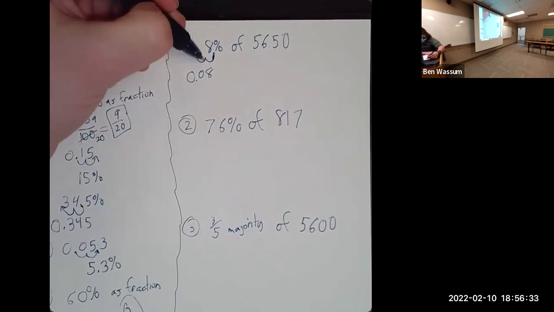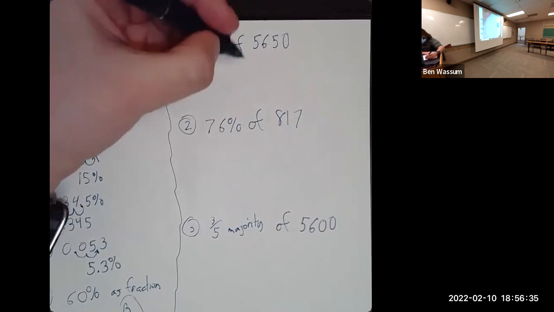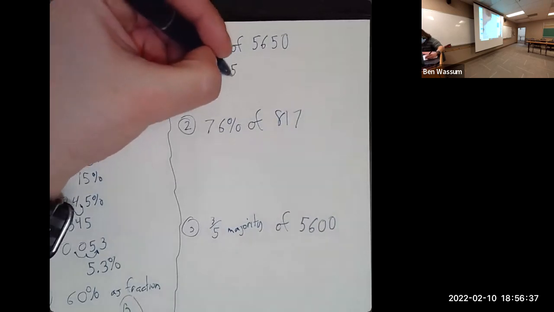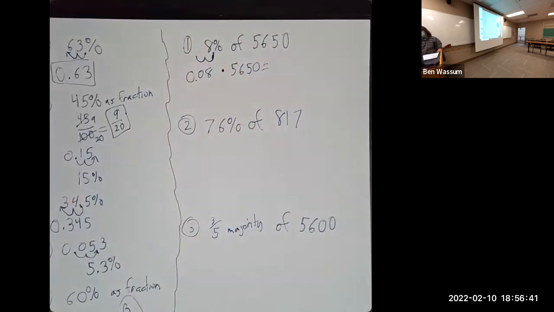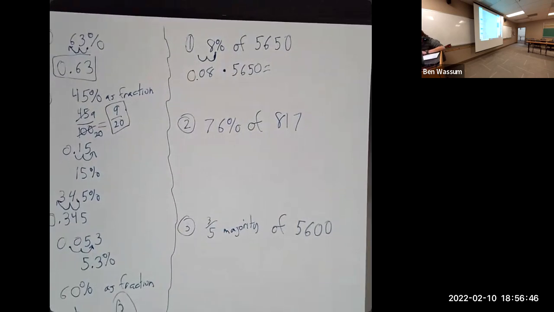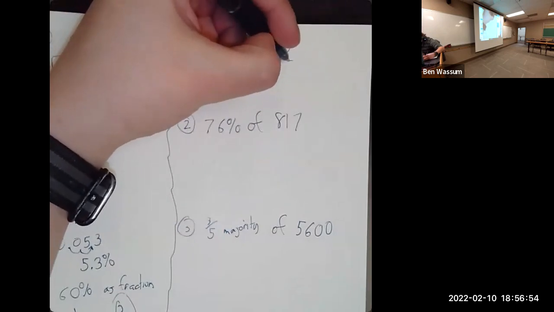And if we're trying to find that of 5,650, you end up multiplying it by 5,650. That is it. That is all you have to do. Throw it at Mr. Calculator and I get 452.